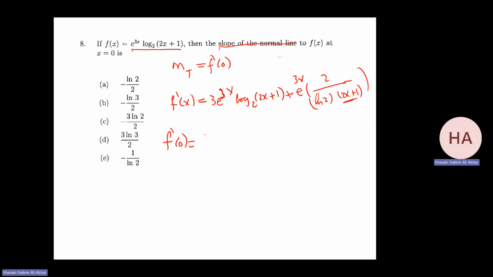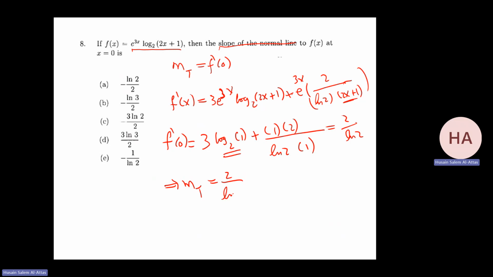I get 3 e to the power 0 is 1, times log base 2 of 1, plus e to the power 0, which is 1, times 2 over ln 2, over 0 plus 1, times 1. So the first term is 0. So I have 2 over ln 2. So the slope of the tangent is 2 over ln 2.